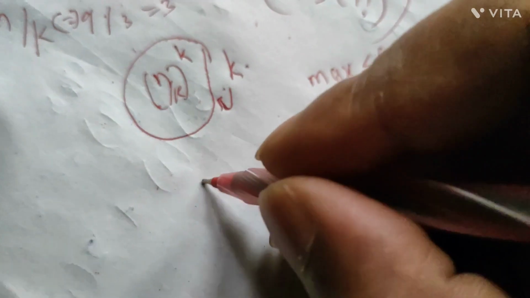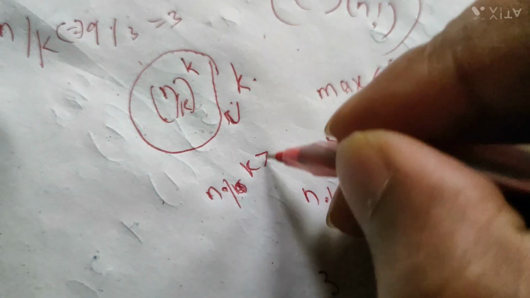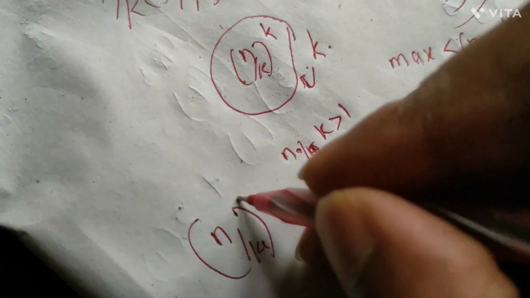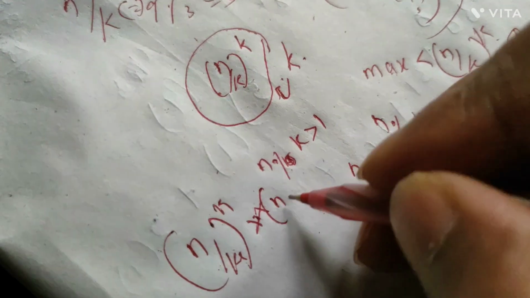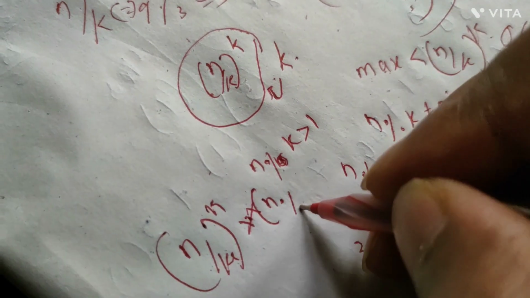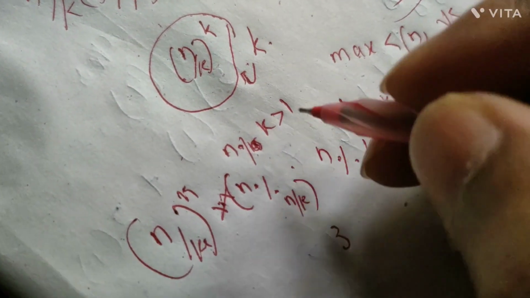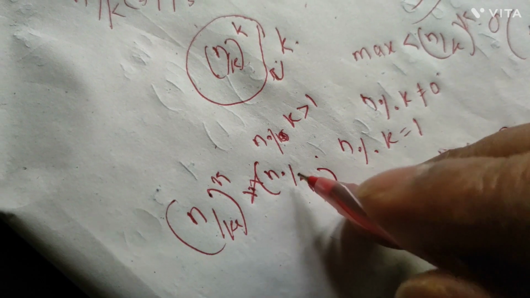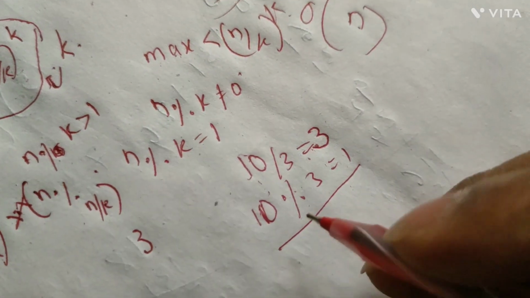The least possible quotient is 3. The formula for this kind of case is different from the rest, and if n modulo k is greater than 1, then we have to use this formula: n modulo k power k into n by k.